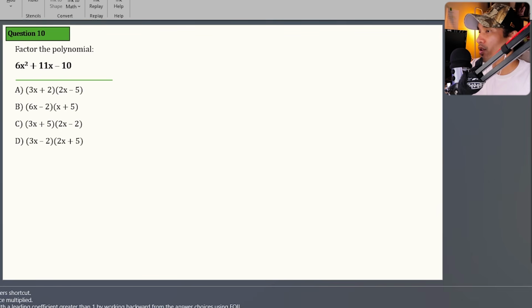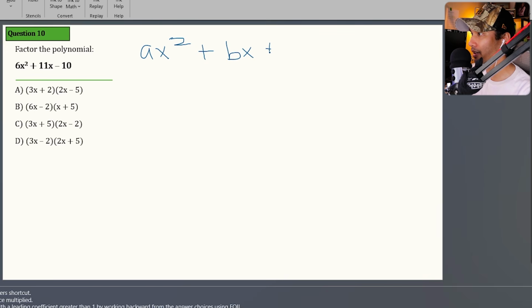Factor the polynomial. So this one, I put on purpose a coefficient here at a. What I mean by a is that this formula is actually ax squared plus bx plus c.